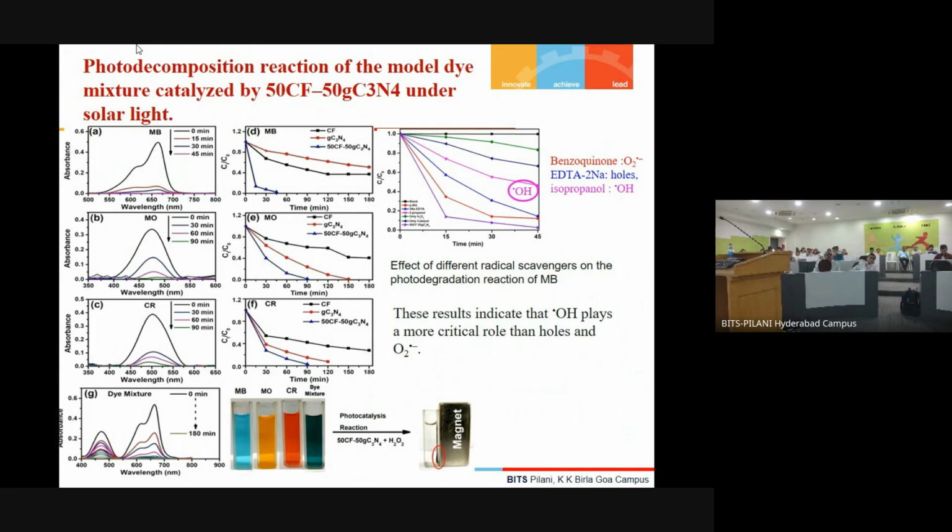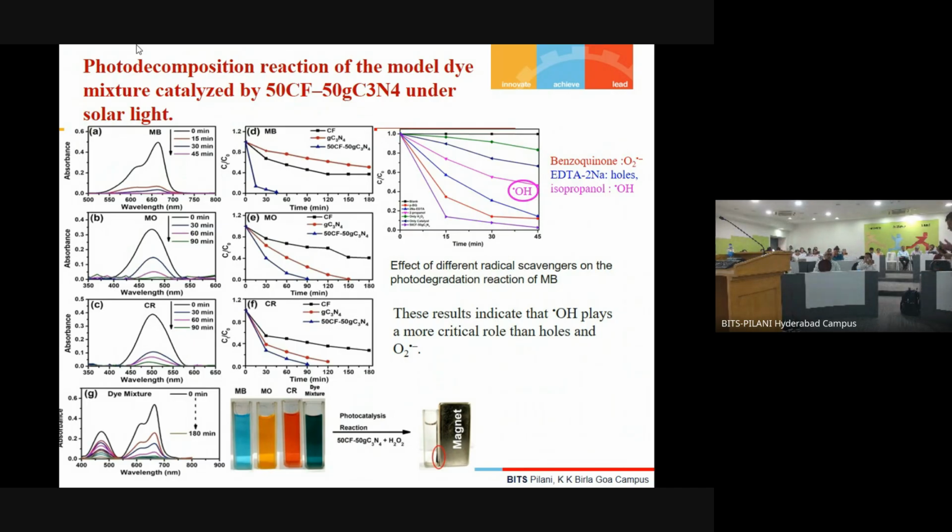Here we can see that for different dyes, like methylene blue and methyl orange, it takes around 35 minutes, 40 minutes, 90 minutes, which is not that bad as far as the literature value is concerned.